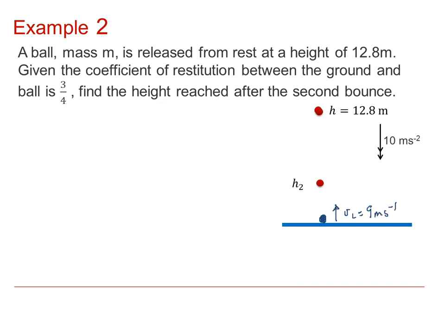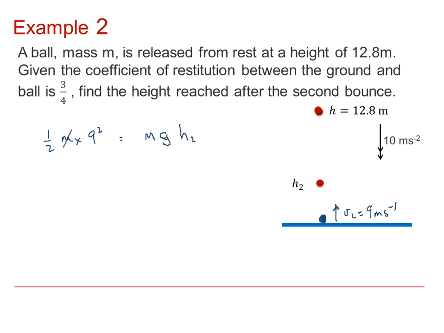So the situation after this second impact is that the ball is moving with a velocity of 9 meters per second and will rise up to that second height h2. Again we can use energy and say that the kinetic energy at the bottom, which is 1/2 multiplied by m multiplied by 9 squared, will be equal to the potential energy at h2, so that's m multiplied by g multiplied by h2.